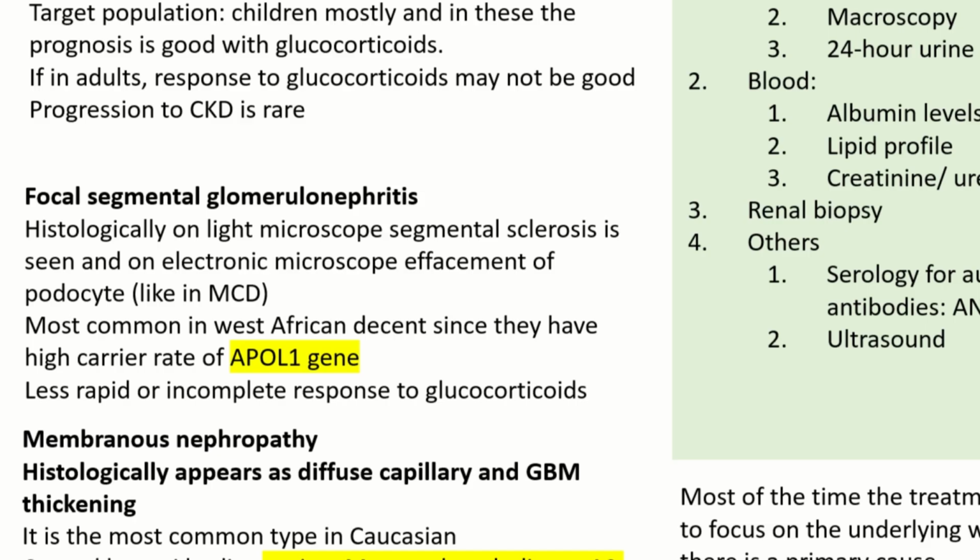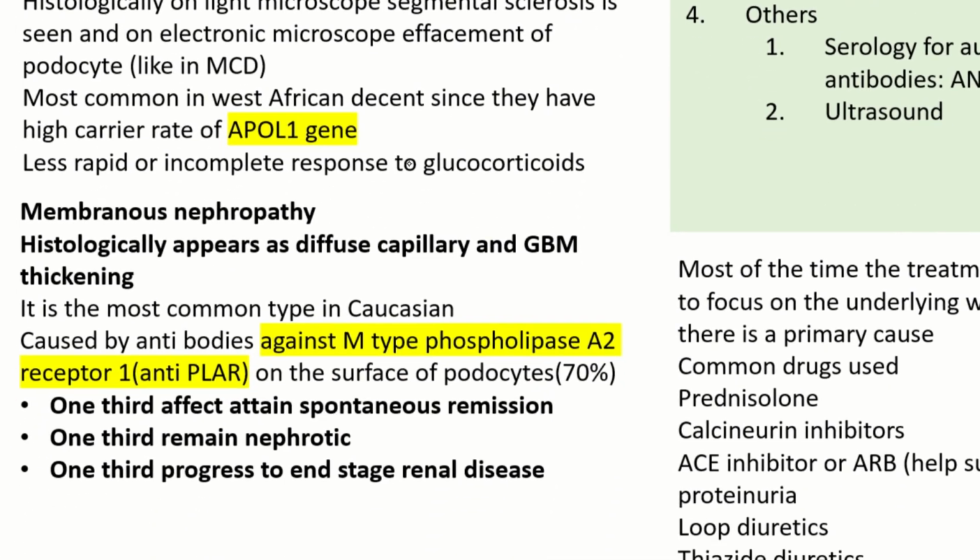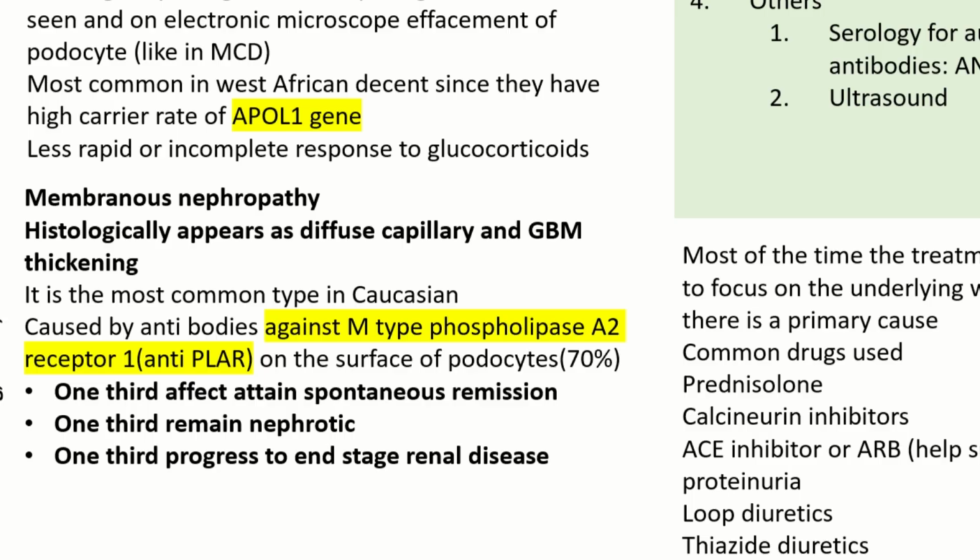When you look at it under a light microscope, there will be segments of sclerosis, and sometimes when you do a biopsy, you may not get the segment that is affected. So you may end up picking a part of the nephron that appears as minimal change disease, with maybe some podocyte effacement, and you may be tempted to confuse it for minimal change disease, but actually it is focal segmental glomerulonephritis.